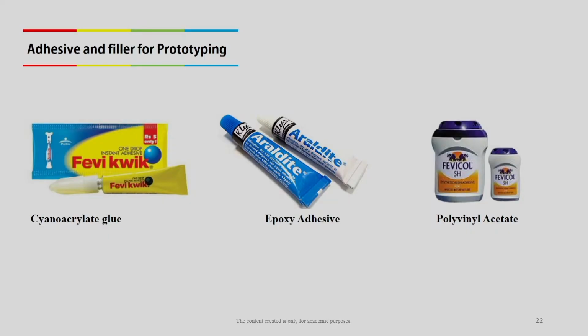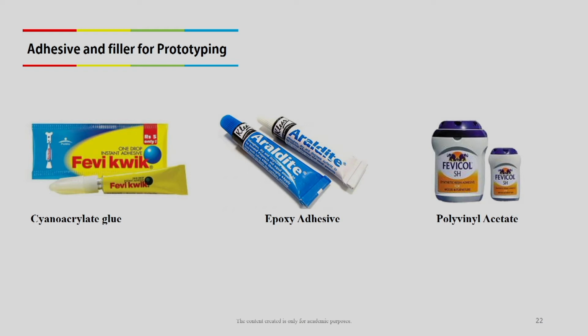Now, I will be discussing adhesive and filler for prototyping. Commonly used adhesives are cyanoacrylate glue. In the market, we have it in the form of Febiquick or super glue, and epoxy adhesive, where two parts are kept in a package, part A and part B. One is resin, another one is hardener.